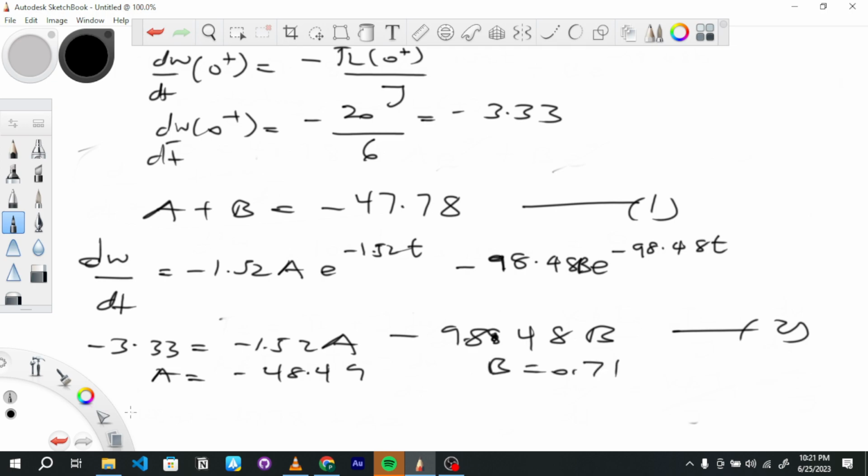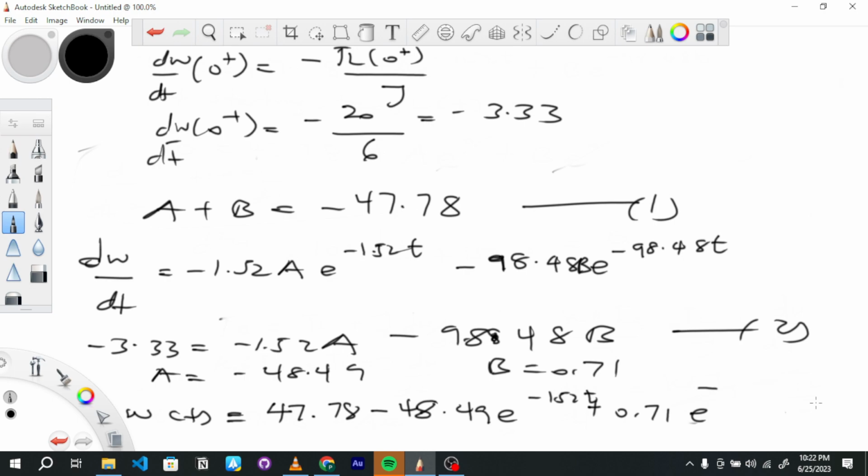So I can write my function of time as the final speed, which is 47.78, minus 48.49 e to the minus 1.52t, plus 0.71 e to the minus 98.48t.